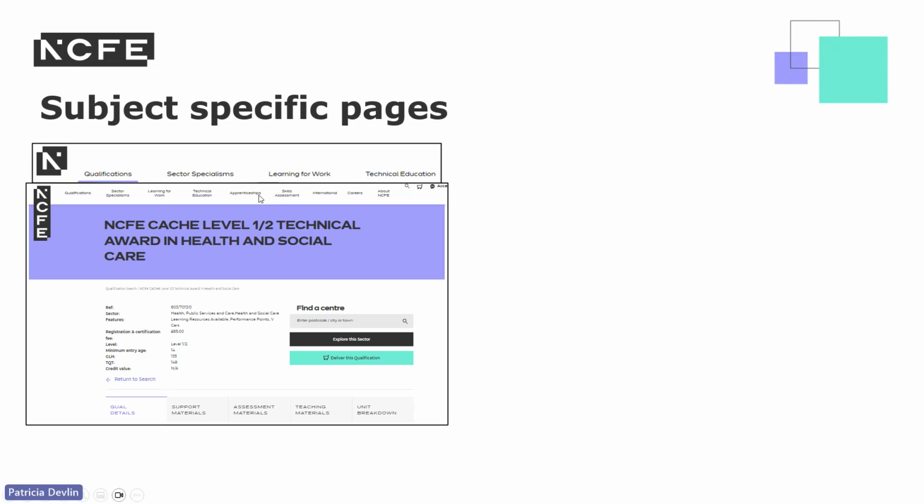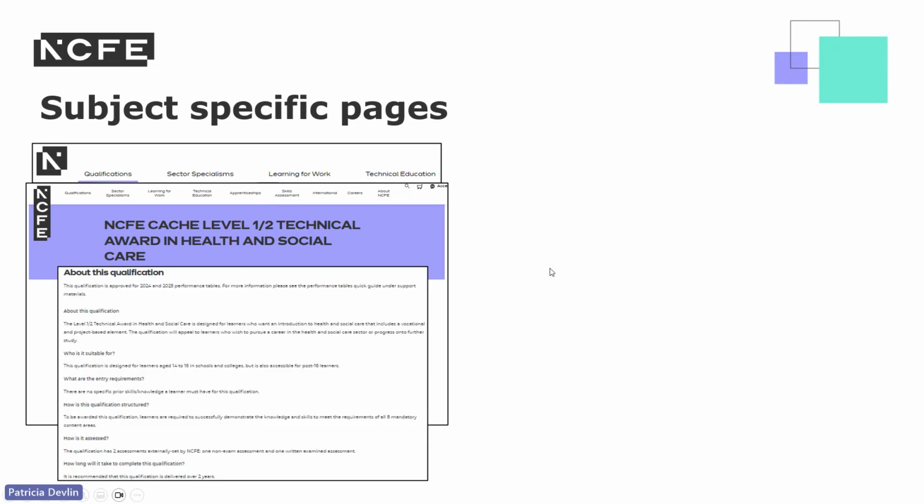If you scroll down, what you'll see is you have got some brief information about the qualification, including career and performance table details. If you scroll further down, you'll see the support materials tab, where you'll find qualification specification and qualification fact sheet.